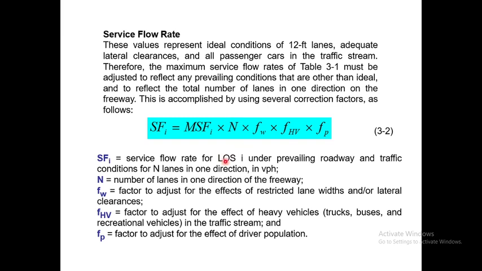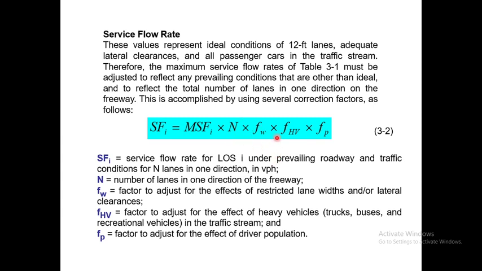So n is not 6. It is directional. N is equal to 3, meaning 3 lanes for each direction. So n is 3, not 6, not total lanes for the whole highway. This n stands for directional lanes, okay? So, for example, a highway with 4 lanes means that n equals 2.